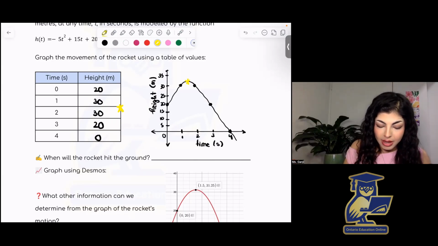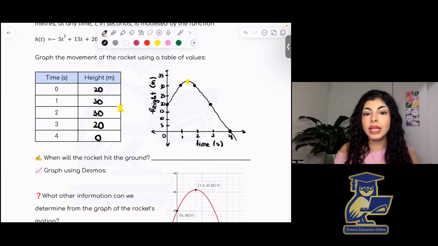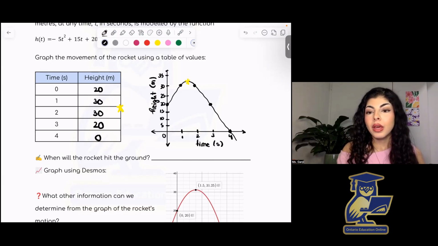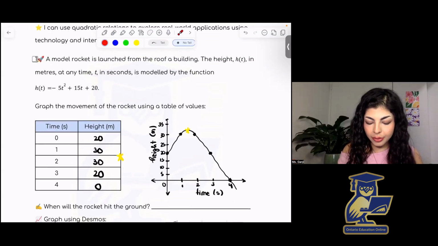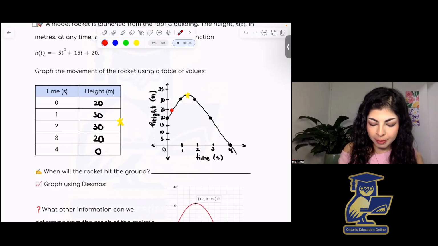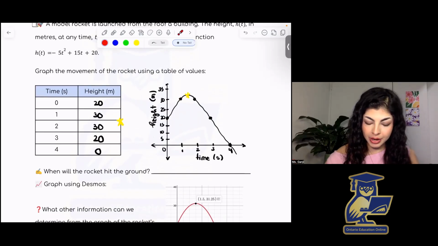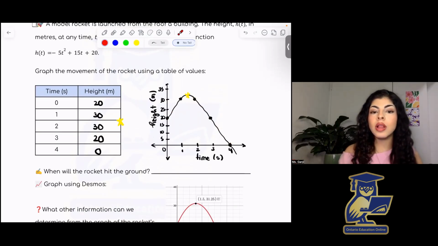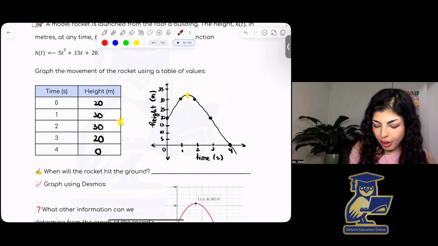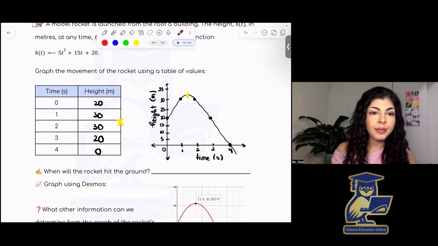So looking at this graph now, this is showing us the movement of this rocket through the air. So it goes up, reaches its maximum height here, and then it starts to go back down. And this all happens over 4 seconds.